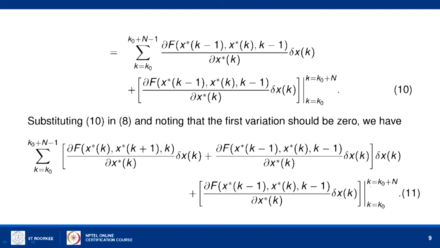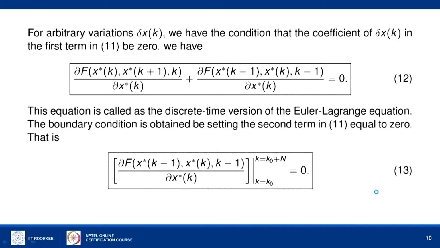So combining the first term and the second term together we get this, and the boundary condition term is given in this way. So now the variation del xk is arbitrary, this entire bracket has to be equal to 0 here, and for the boundary condition, because once the bracket becomes 0 the remaining gives the boundary condition for the solution of the problem.